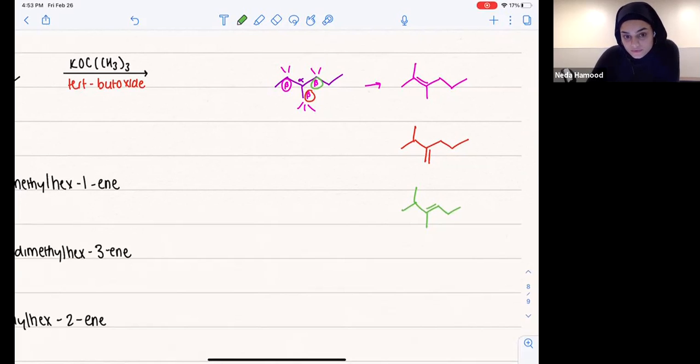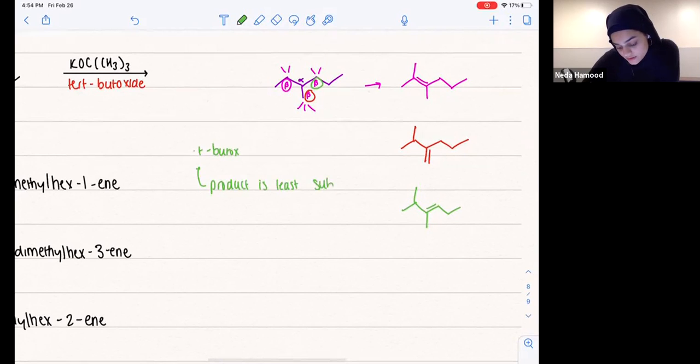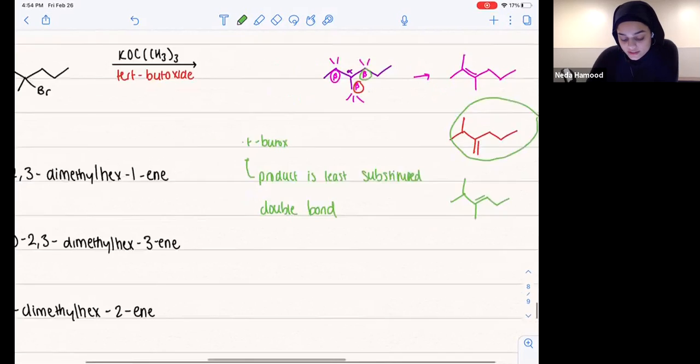So let me write that out. For tert-butoxide, the product is the least substituted double bond, which is this one right here.